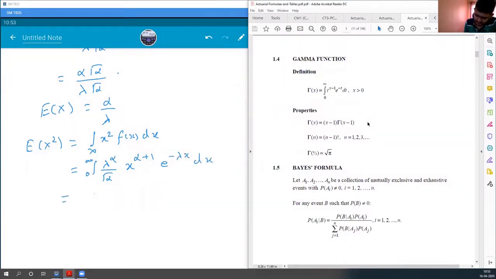We'll do the same thing. We'll put lambda x as t, so we'll get lambda dx as dt.